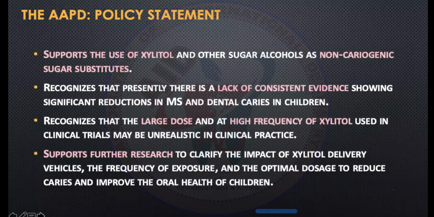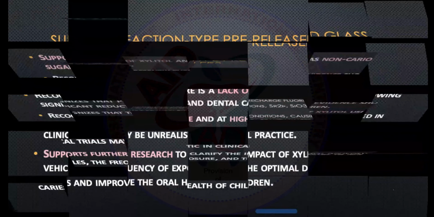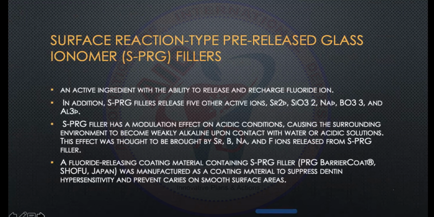So that's the reason it has a limited role, but further research is needed, like how frequently we should use this xylitol chewing gum and what is the optimum dose to reduce dental caries, so that the health of kids could be improved.